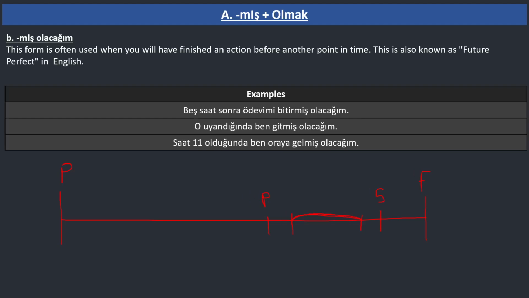Like when it's 11 p.m., I will have come there. By the time it's 11 p.m., I will already be there. Gelmiş olacağım.